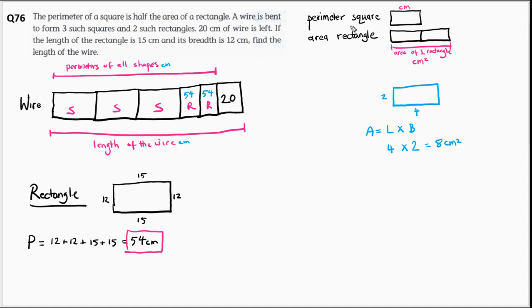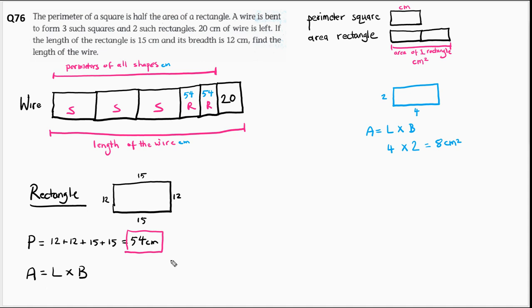We were comparing the perimeter of a square to the area of the rectangle. So we need to know not just the perimeter of this rectangle, but the area of this rectangle. And area, we need to know, is length times breadth.